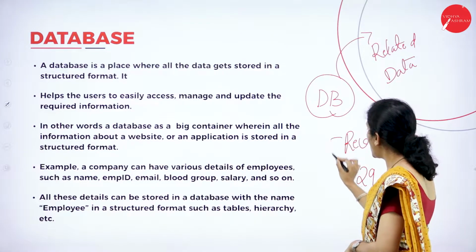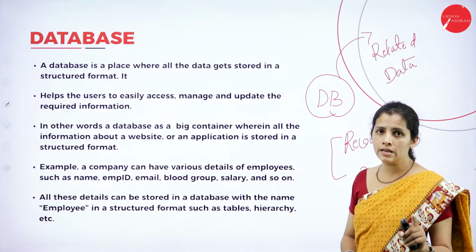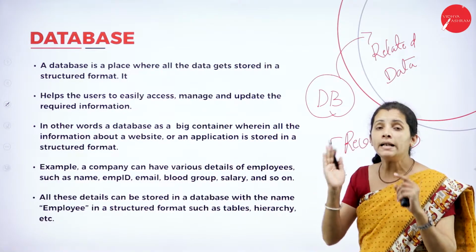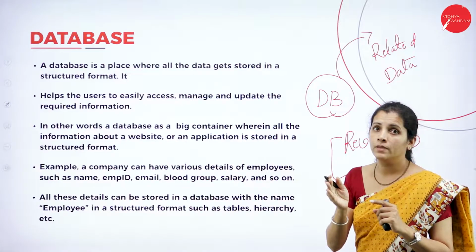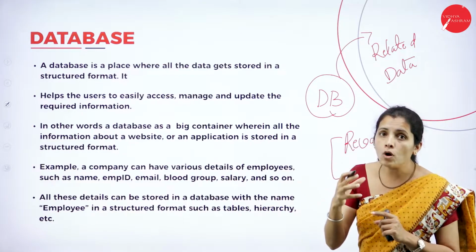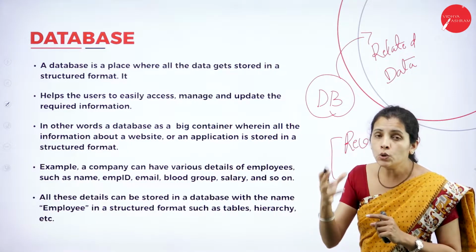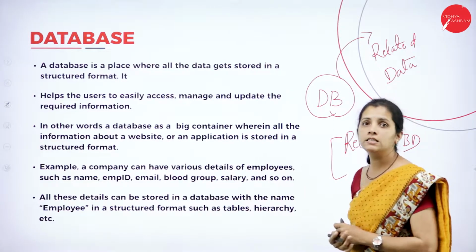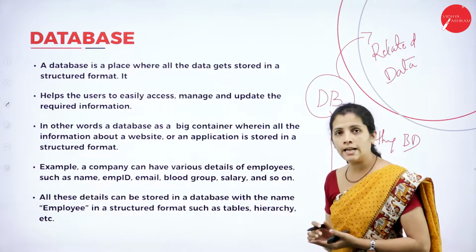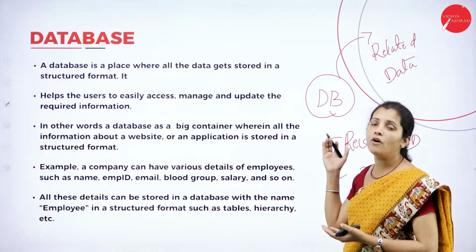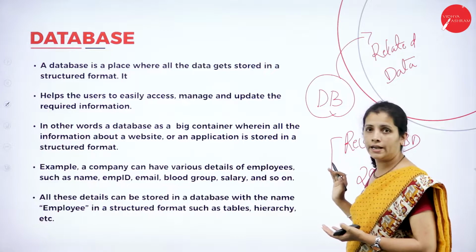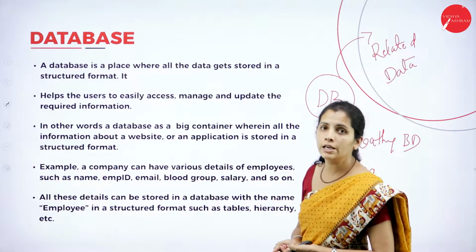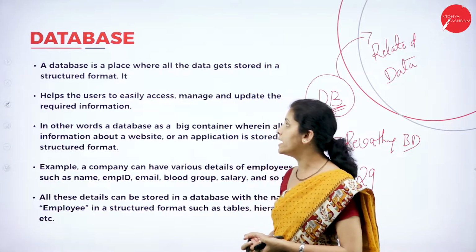So here I have only one person's name and age. When I have multiple persons' names, that is, more than two users' information, then it is treated as a database. That is nothing but a collection of related data items.